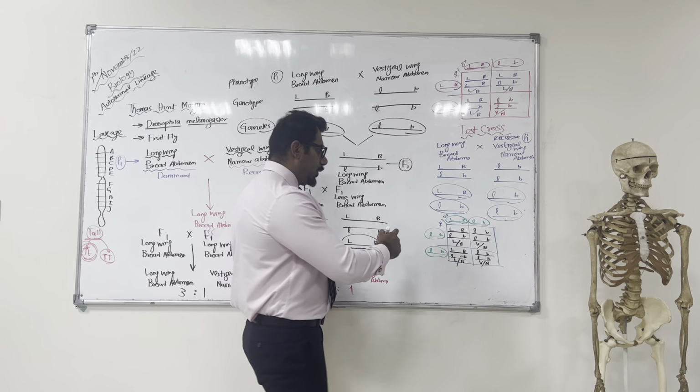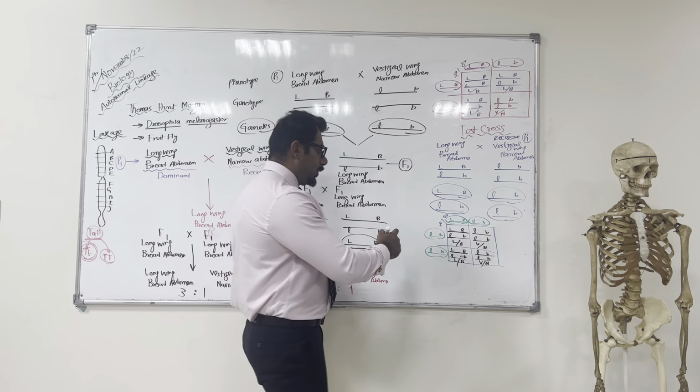Now we have two phenotypes which we got: long wing and broad abdomen, and vestigial wing and narrow abdomen. Now there are two of these and two of these. We always simplify. It will be 1:1.